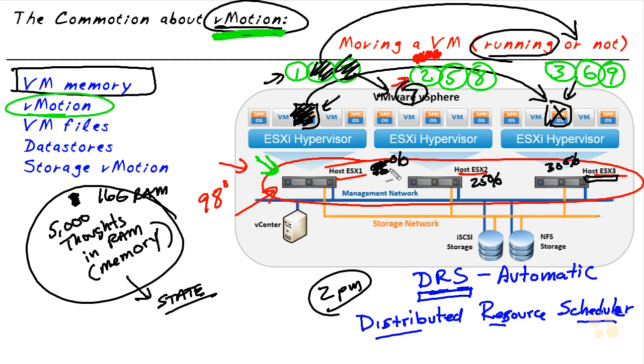So maybe this guy went down from 95% to 85%, and host ESX2 went to 30%, and host ESX3 went to 35%. And inside of vSphere, we can specify how aggressive we want DRS to be as it balances the load across the ESXi hosts we have available in our vSphere environment.